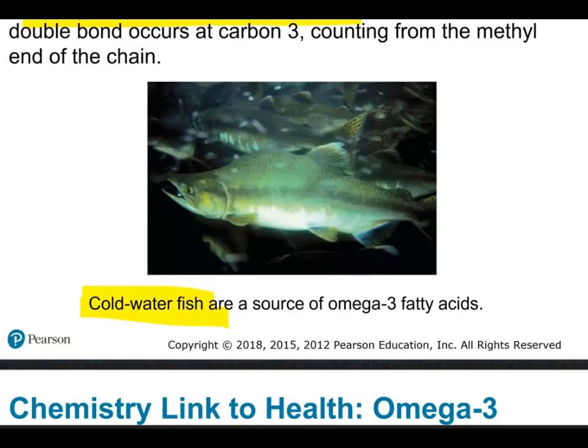So in the cold water, those omega-3 fatty acids are essential for the functioning of the fish cellular membranes, so they don't become super solid. Those fatty acids with a low melting point allow the membranes to maintain partial fluidity. If that were a saturated fatty acid, no. And warm water fish doesn't need that.